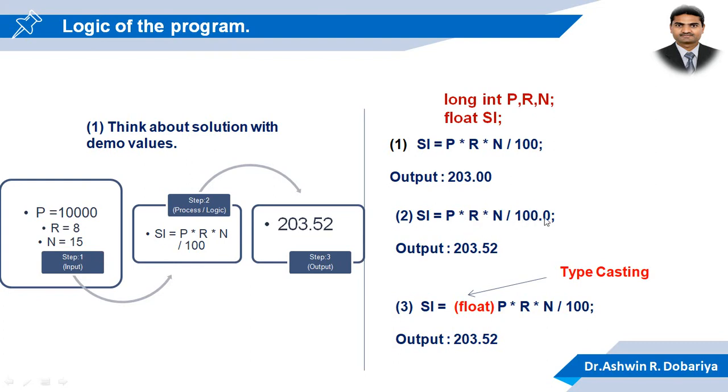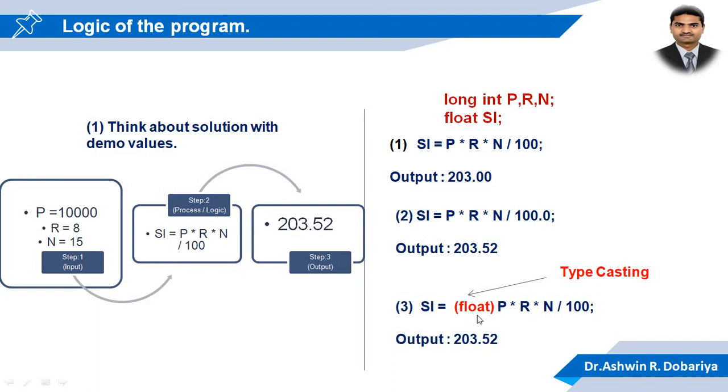So here 100.0 becomes float. Now see, if we write 100.0, instead of 0.00 it gives the exact value after the decimal point, right? So remember this point, whenever you are performing division operations, one operand must be a float, and then you will get the correct result after the decimal point. So this is one way to mention the floating value.